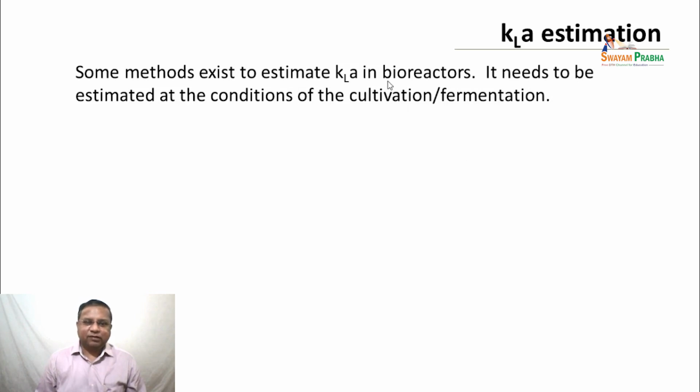There are some methods that exist to estimate KLa in bioreactors. It needs to be estimated at the conditions of cultivation and fermentation, because it's a function of so many different things: temperature, pressure, composition, the flow rate, the agitation rate, and so on. Therefore, we fix all those and then finally estimate the KLa.